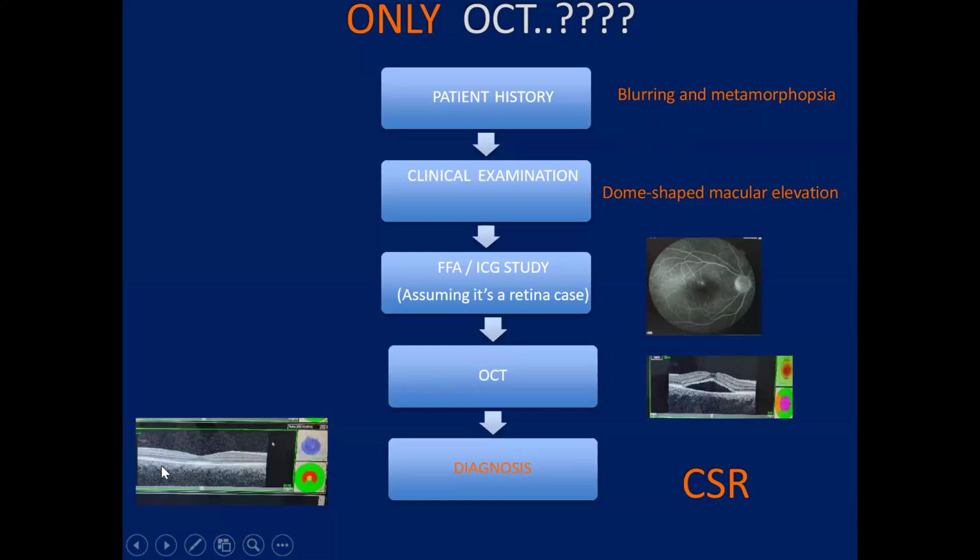This is one of my cases that benefited from using multimodal imaging and clinical consideration of the patient in reaching the diagnosis. So don't rely only on OCT. Please take into consideration all other possible parameters like history, examination, and FA, if needed, to reach the final diagnosis.